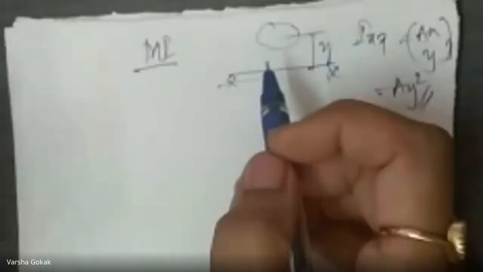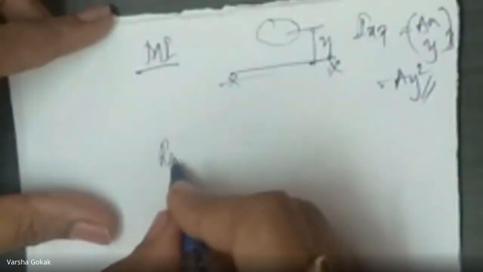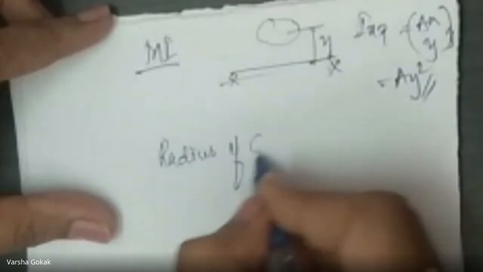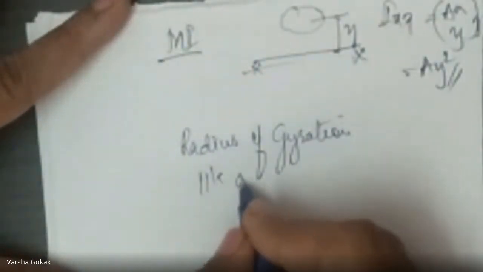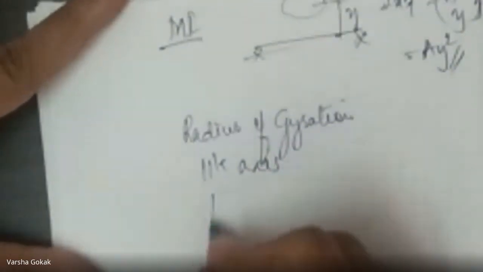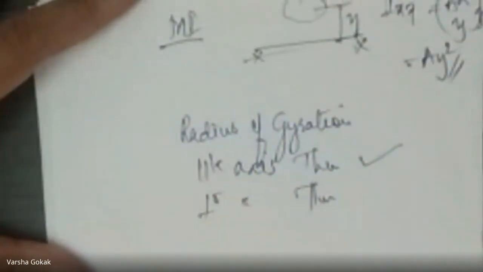Based on this, we have seen concepts like radius of gyration, right? And we also have studied the parallel axis theorem and perpendicular axis theorem, right? We make use of the parallel axis theorem very often while doing the numericals, so it is important.